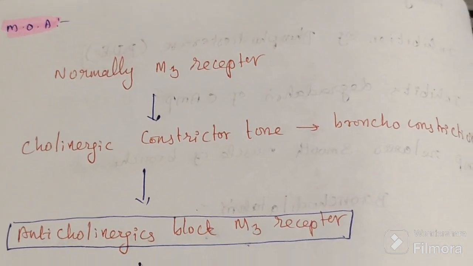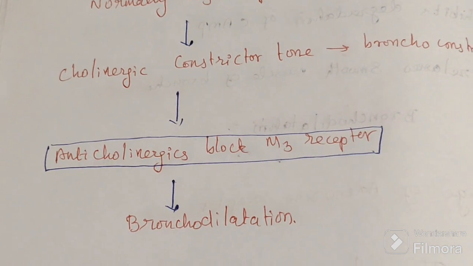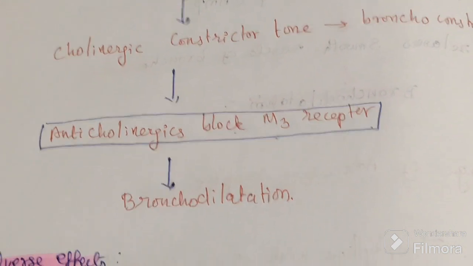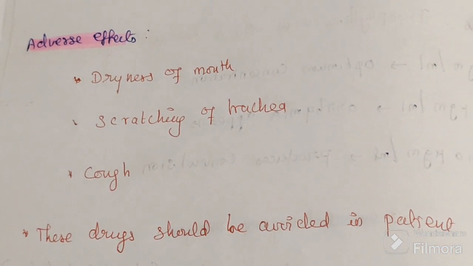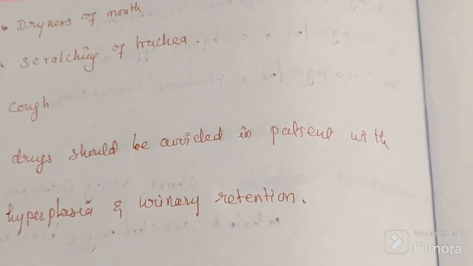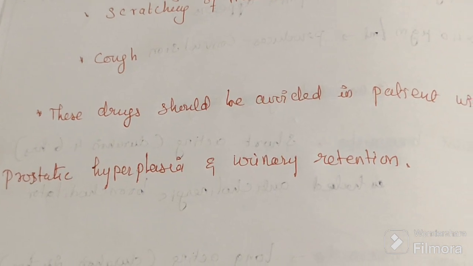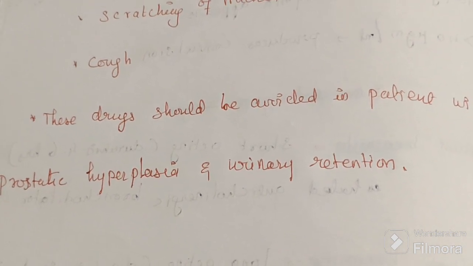The mechanism of action: this one blocks the M3 receptor, so it causes bronchodilation. Adverse effects: dry mouth, cough. The drug should be avoided in patients with prostatic hyperplasia and urinary retention.